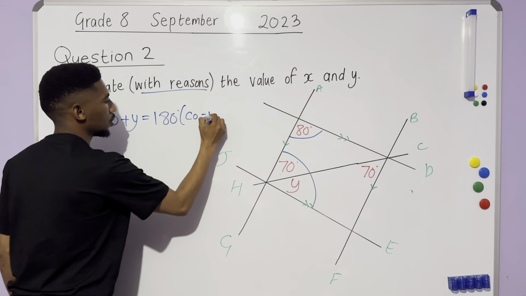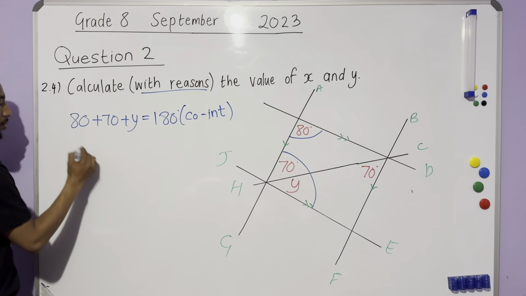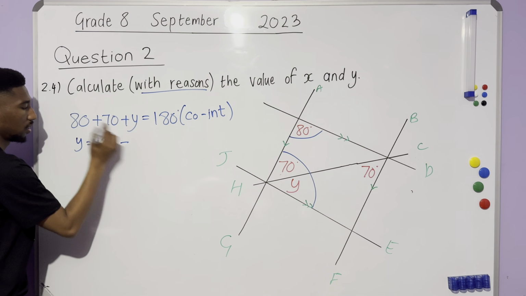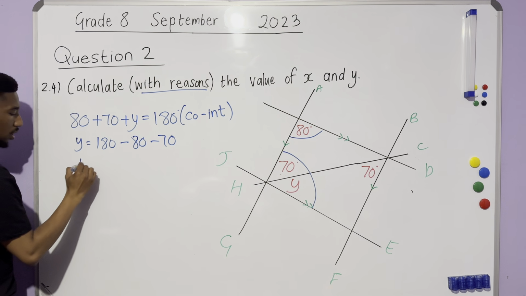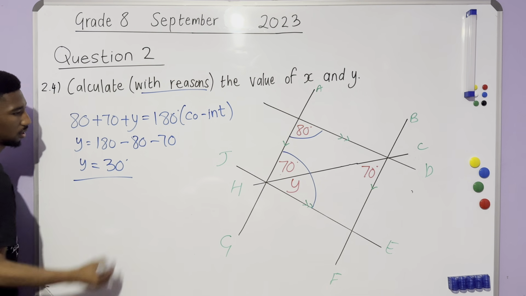Your reason: co-interior. Now you have an equation. y is equal to 180, we're going to have the inverse of 80 and 70, and y is equal to 30 degrees.